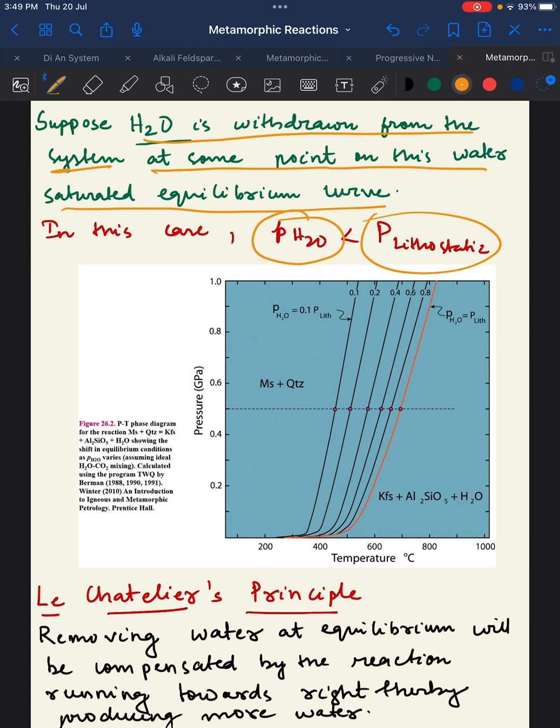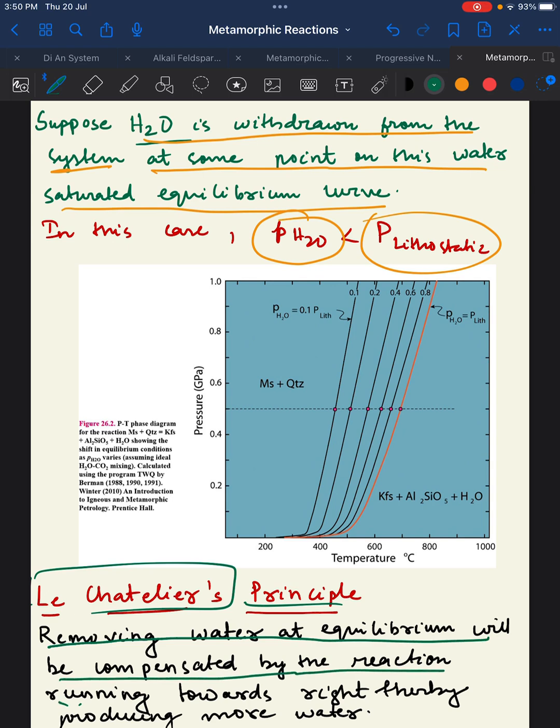So a principle is applied here. This principle is known as Le Chatelier's principle. Le Chatelier's principle says that removing water at equilibrium will be compensated by the reaction running towards the right, thereby producing more water.